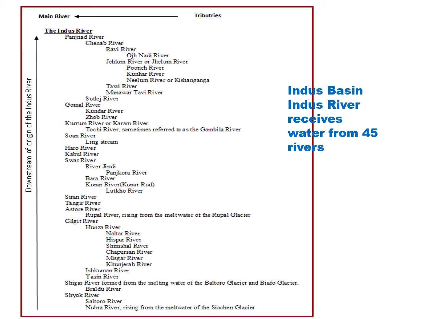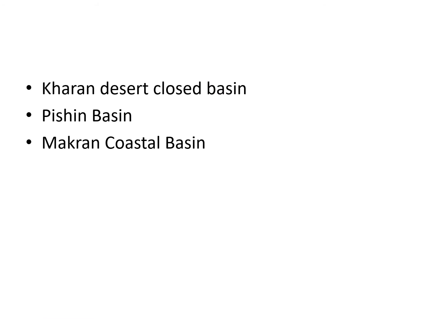I will request you to try to remember what our water resources are, how they exist, where they are available. These are the other basins available in our country other than the Indus River Basin: Haran Desert Closed Basin, Bishin Basin, Makran Coastal Basin.